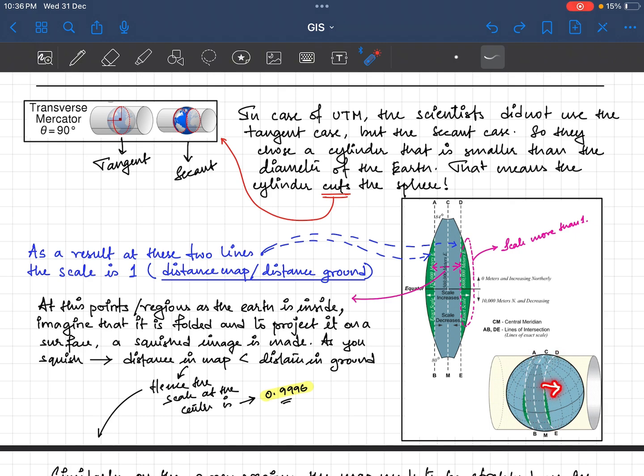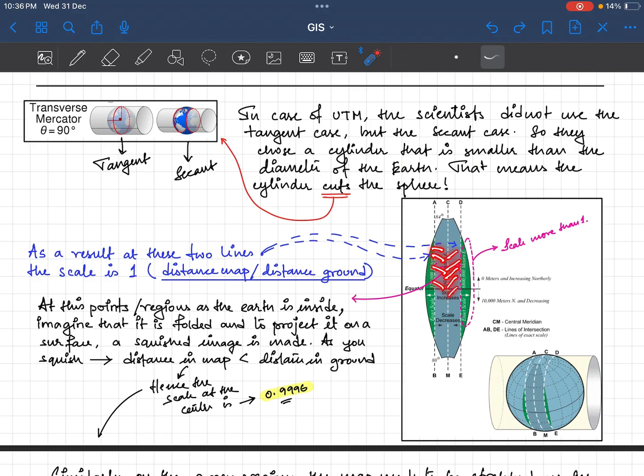As we move inside the globe, or rather, for all points which lie inside the cylinder, the distance on the map is greater than the distance on the ground, because we are stretching the map here. That is why the scale is always more than 1. And in this position, the scale is less than 1, because the distance on the map is actually less than the distance on the ground, because here you have to compress it.